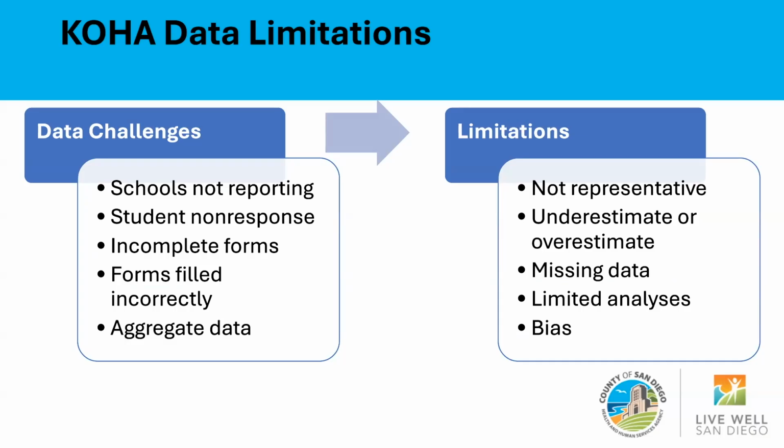This can be a result of forms that are not completed as intended. School non-reporting and student non-response also contribute to not having a representative sample. And so while it can be challenging communicating COHA data and results with these limitations in mind, the COHA data can still be a very helpful tool for engaging stakeholders in a meaningful and impactful way to encourage and drive action. Next slide, please.